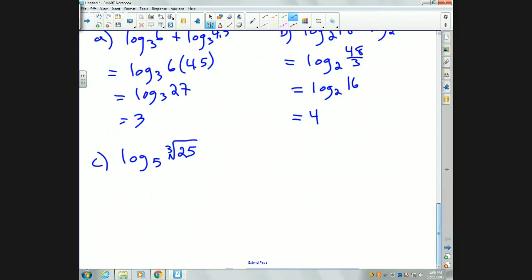But actually it's not that hard. The first thing that you should be thinking here, and hopefully you got at this in the homework last night, is that this root sign is a little bit of a problem. So how could we express this cube root of 25 using an exponent instead of a root?